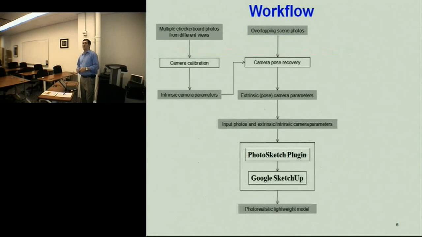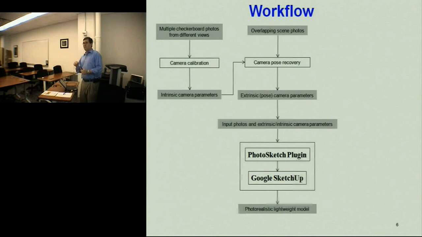So this is the workflow for PhotoSketch. There's basically two branches that you see here, the branch on the left and the branch in the middle of the slide. The left branch is just devoted to camera calibration. It's very important that we calibrate the camera before we perform this work. And the central branch basically shows that you have to collect overlapping scene photos and then recover the camera points for each and every photograph.